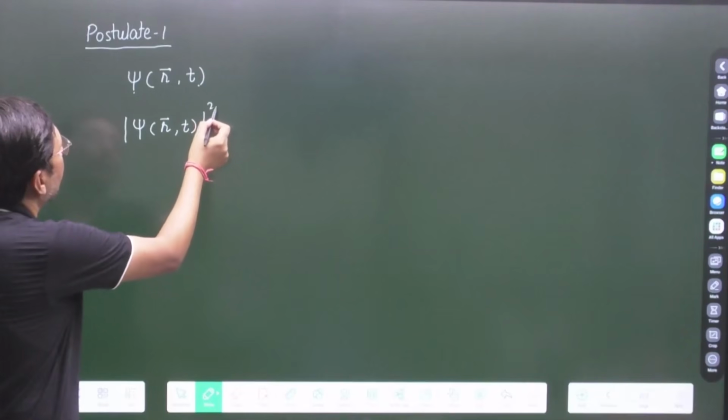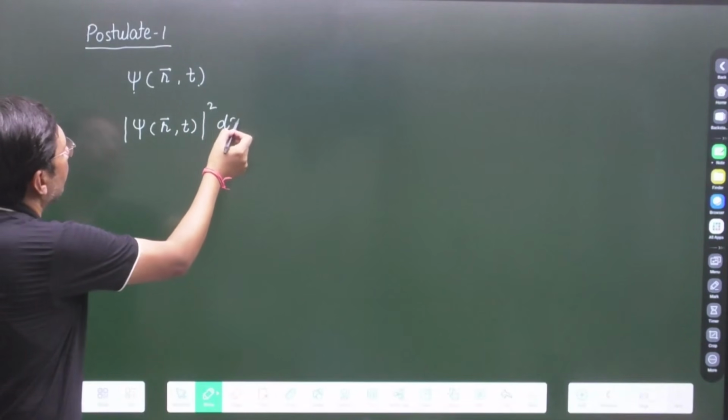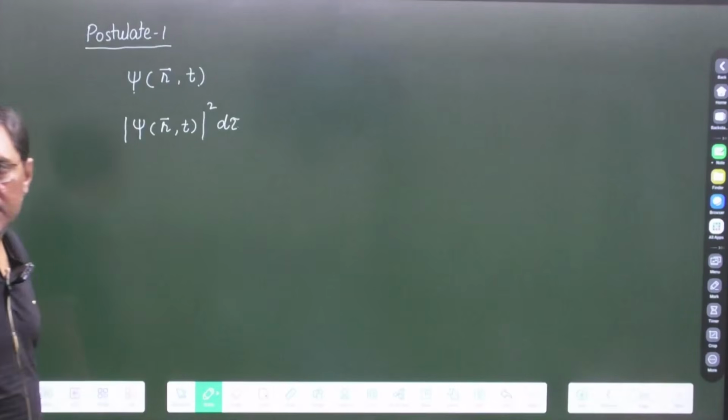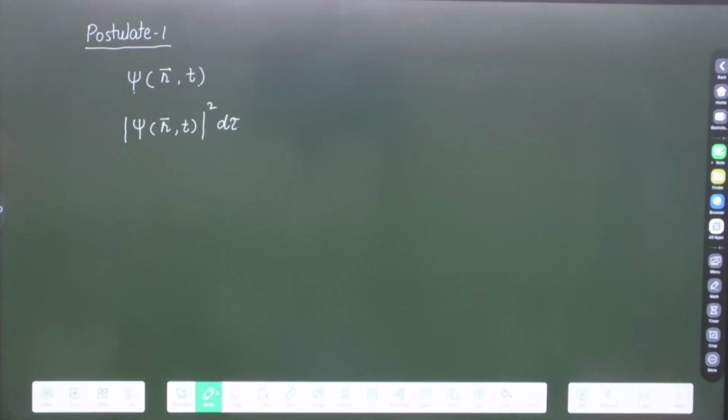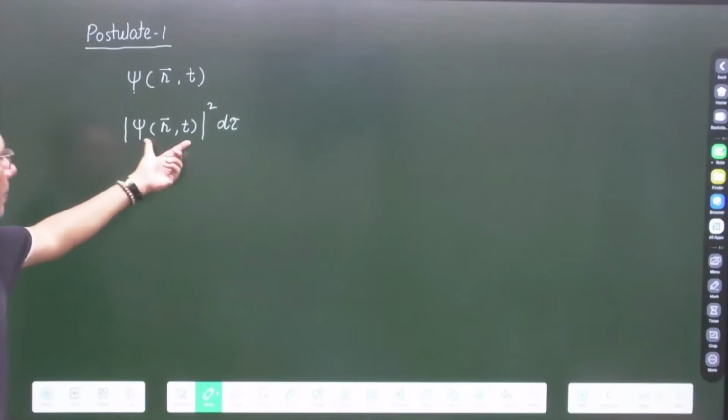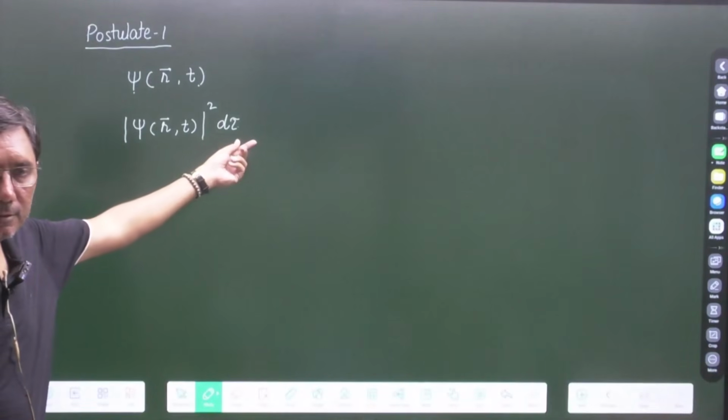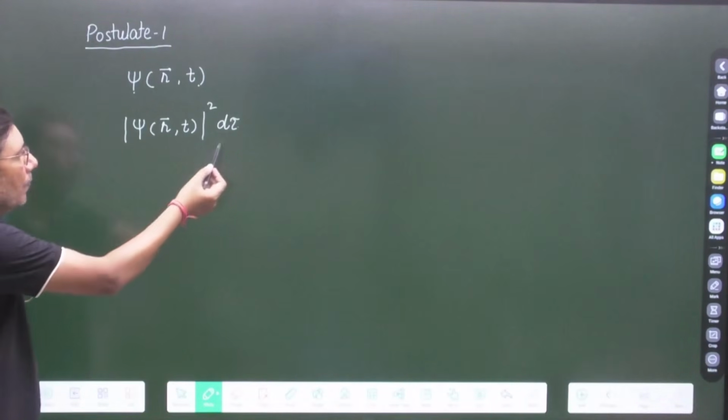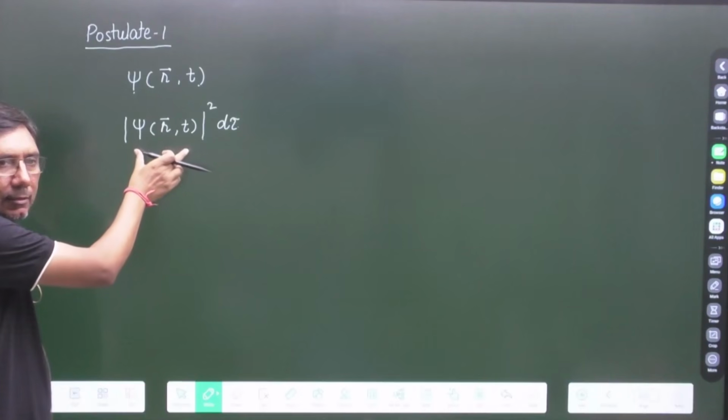This is the probability of finding the particle in this d tau. So this is volume and you have multiplied this.